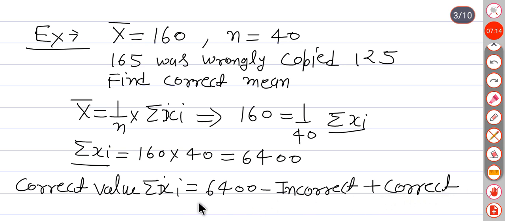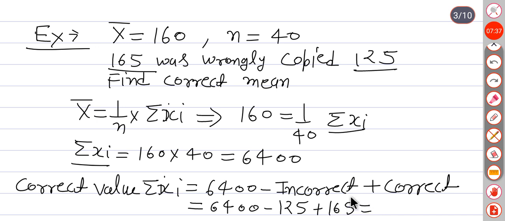So basically you get 6400 minus 125, which was wrong and was included, plus 165, which was correct. It will come to 6440. Now this is the correct value.